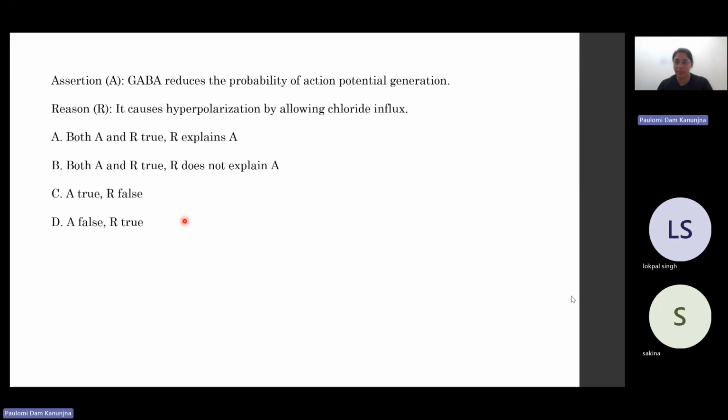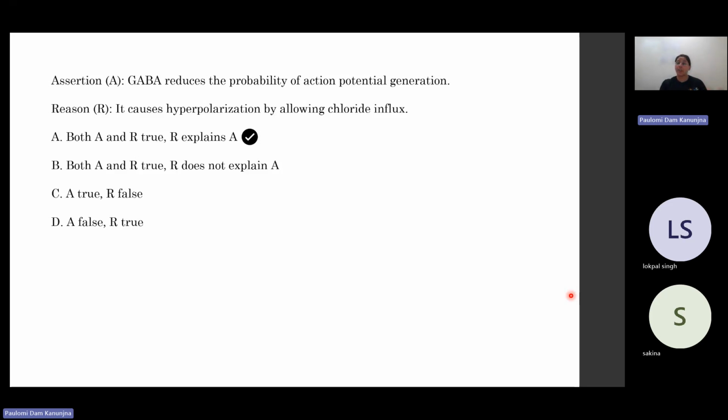Okay. I see one response. Do you also want to attempt? Yes. Correct. See, you people remember stuff also. So you have two statements: GABA reduces the probability of action potential generation, and it causes hyperpolarization.